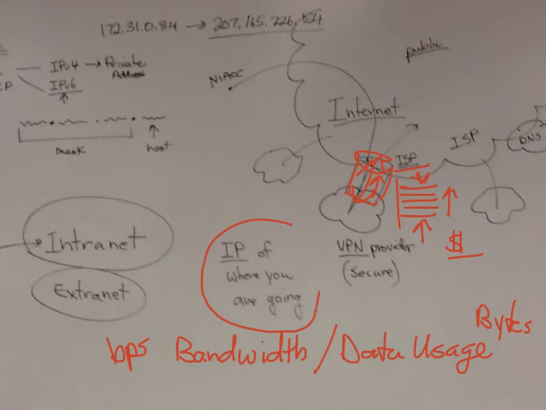The IP is what's used to indicate where you're going. DNS will take a URL, actually the domain name from the URL, and convert it into an IP that will get you wherever you're going on the internet.